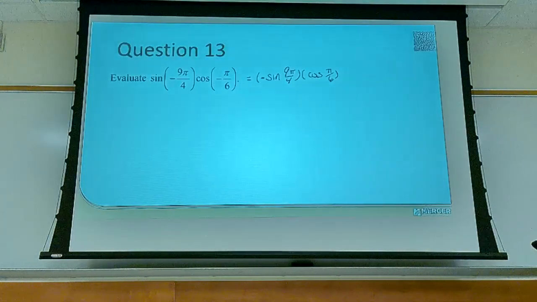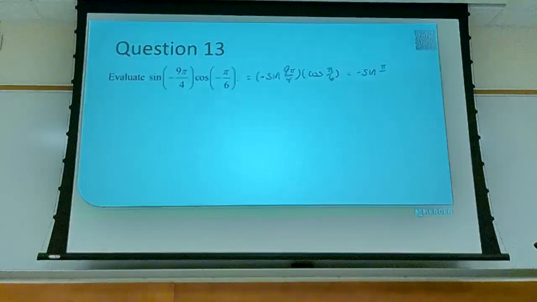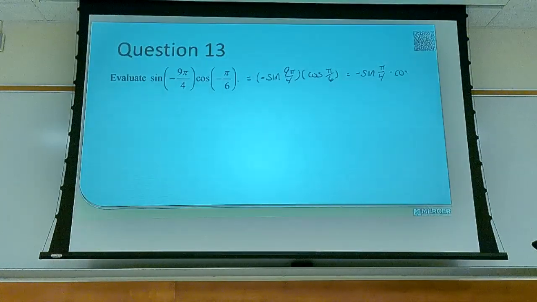Oh, 9 pi over 4 is larger than 2 pi, right? Find the coterminal angle. Subtract 2 pi from 9 pi over 4. You get pi over 4, right? Those are both acute angles. I don't need to worry about finding reference angles. I happen to have that unit circle memorized.